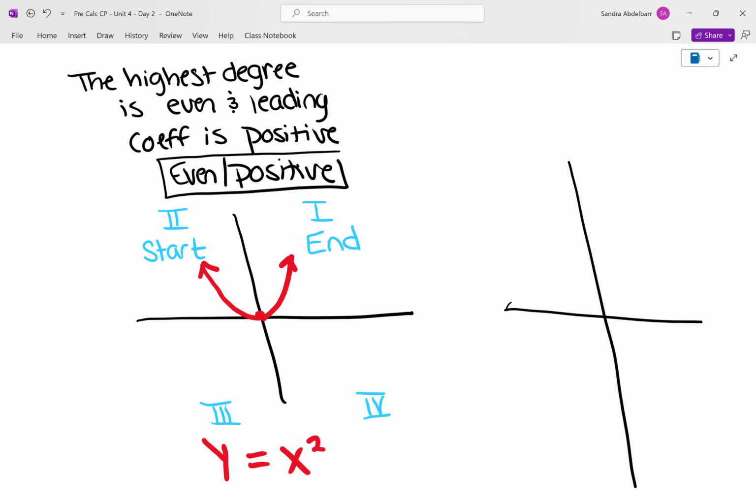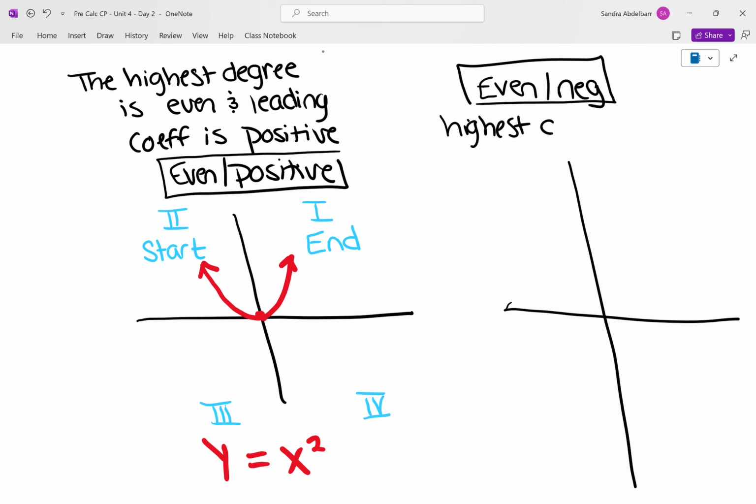Okay, so now let's say we have an even slash negative. What does an even slash negative mean? It means highest degree is even, but now leading coefficient is negative.